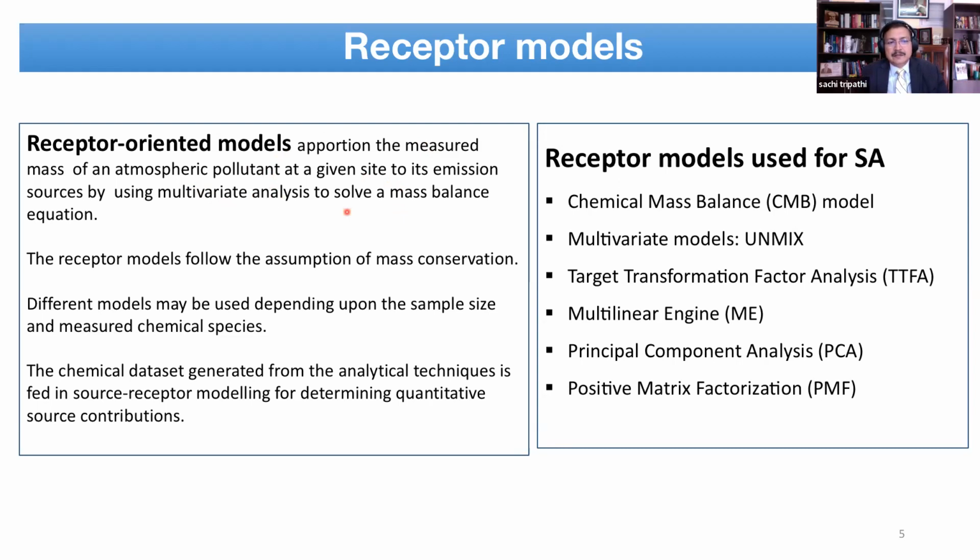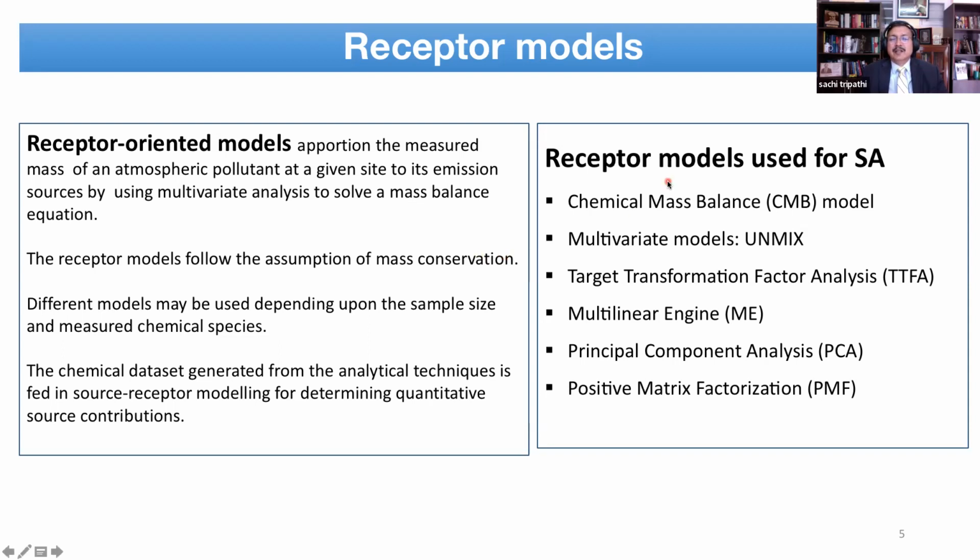Certainly, it follows the assumption of mass conservation. In reality, of course, at different stages, you will have to have these assumptions applied all the time for the success of this model.